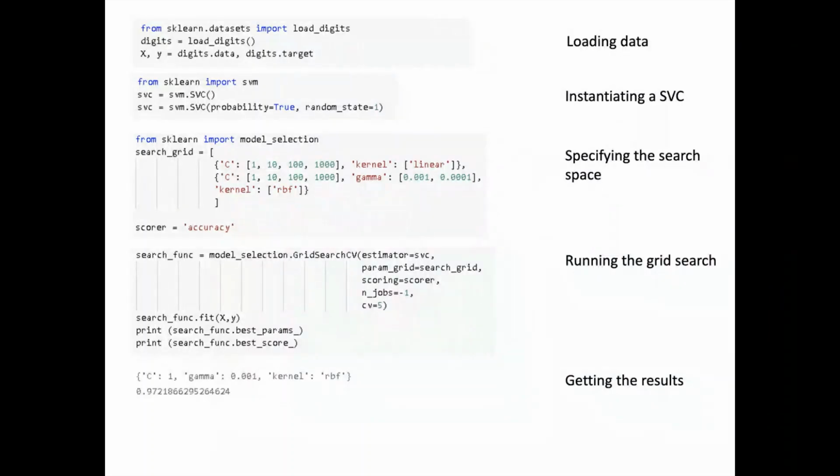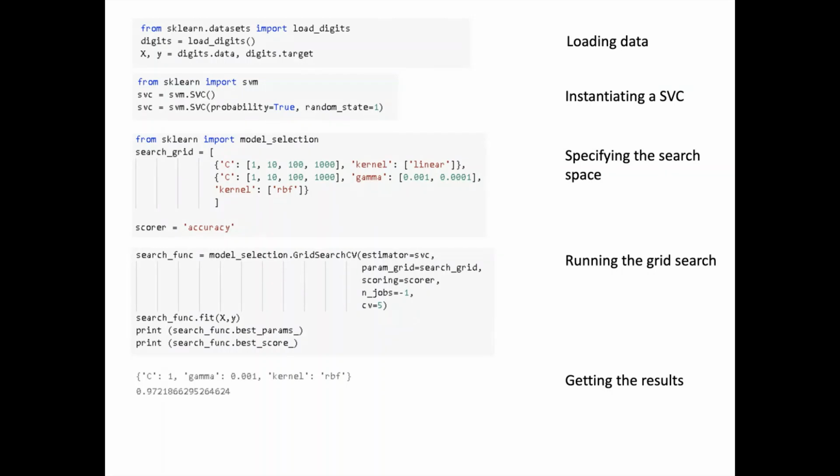This example is taken from Scikit-learn, and we are going to classify the digits from the digits dataset. Using a support vector classifier, we will just focus on figuring out what could be the best hyperparameters between a linear model and a kernel model, the radial basis function.